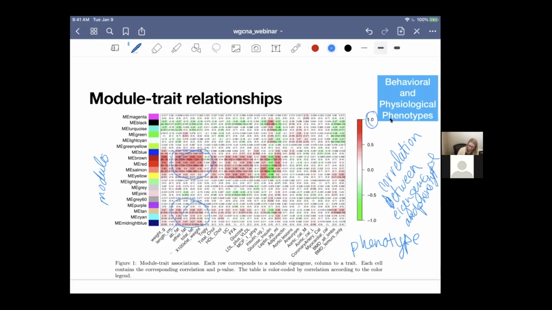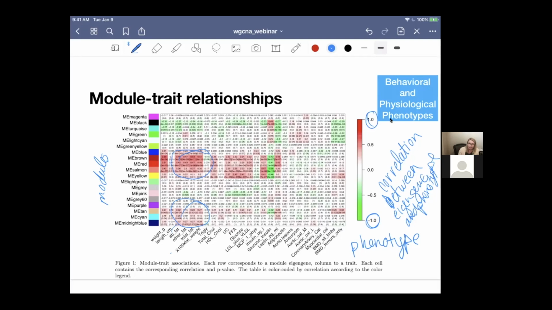I just glanced at the chat and saw one of the comments that I want to address while we're here. Although they do this figure as an association, with red for positive association and green for negative association, that direction of association is only interpretable if you did a signed network, right?